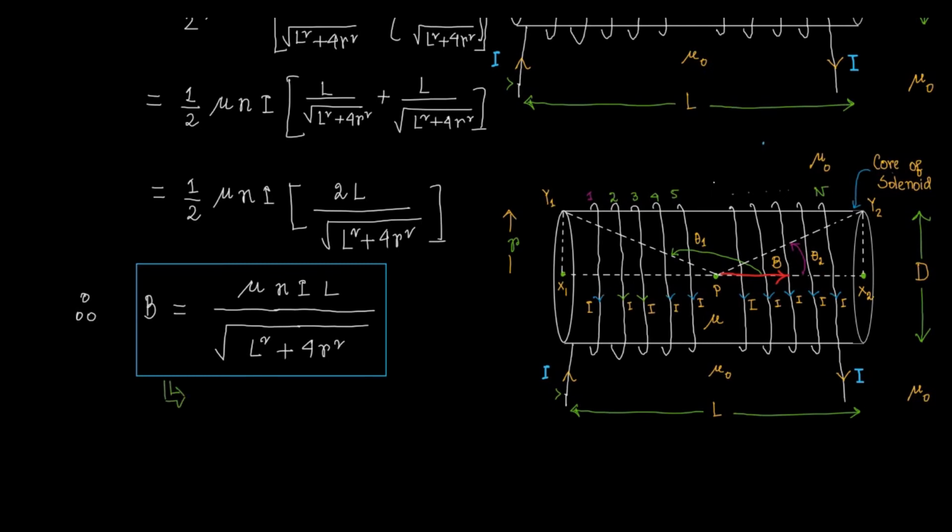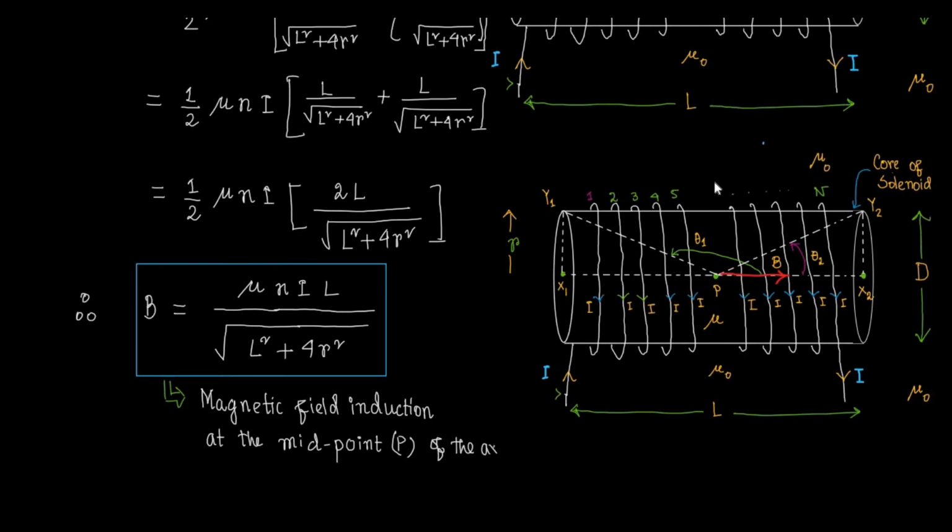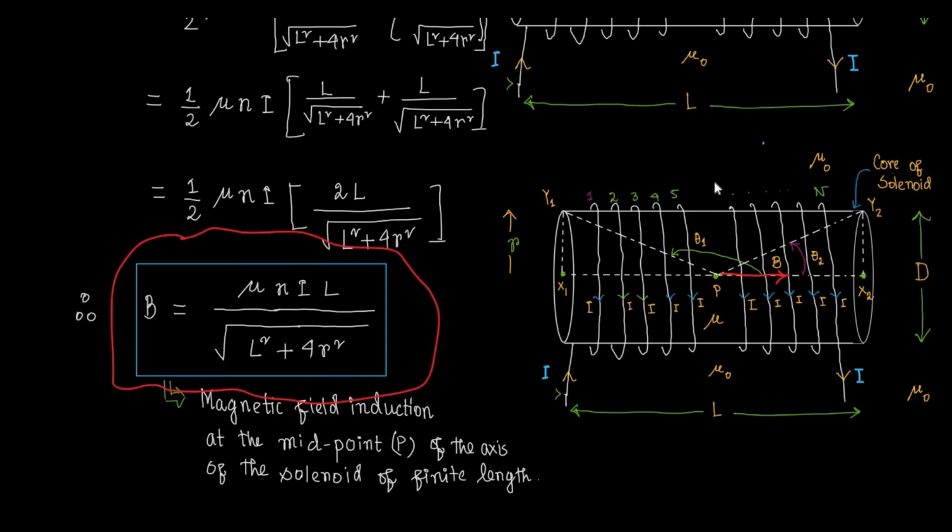So finally we get B as equal to mu NiL divided by root over L square plus 4R square, which is the magnetic field induction, that is magnetic flux density at the midpoint P. Magnetic field induction or flux density at the midpoint P on the axis of a solenoid having finite length, capital L, is B equal to mu NiL divided by root over L square plus 4R square.